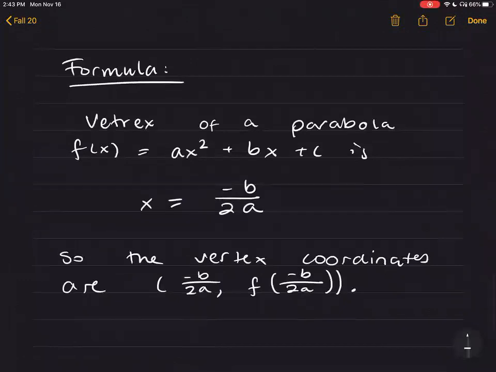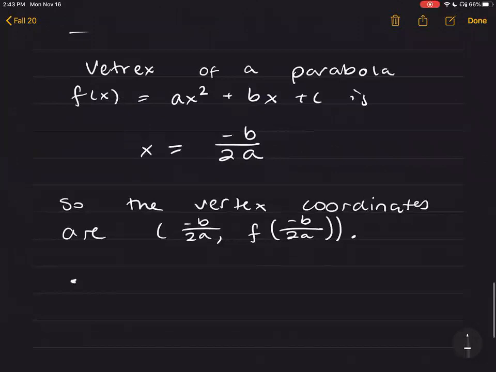So we have this formula. Why did we go through all the work of doing the completing the square stuff? Why not just always use the formula? Well, it's still good to know about completing the square. It's still good to know where this formula comes from. And completing the square can be useful in other contexts and in other classes. So it's good for you to see it here and now. And with this formula, the same sort of rules hold.